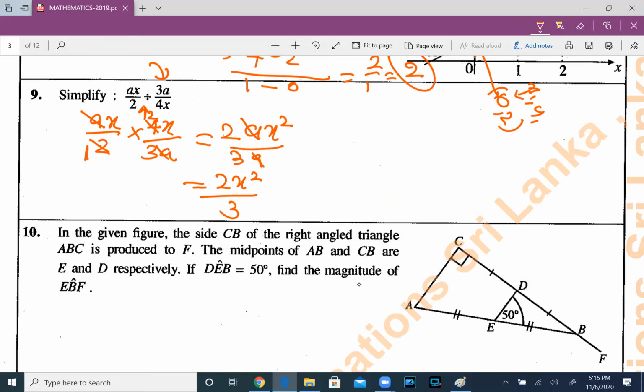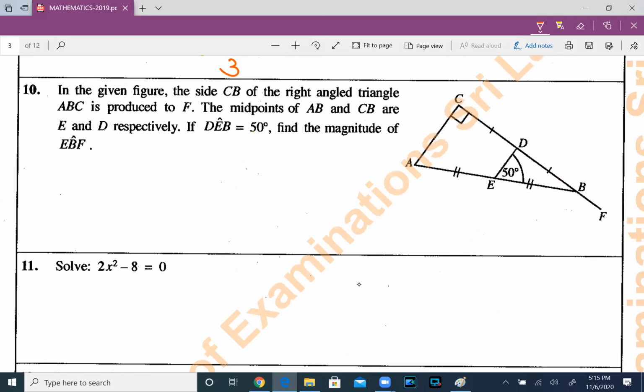So the 10th one is, in the given figure, the side CB of the right angle triangle ABC is produced to F. The midpoints of AB and CB are E and D respectively.